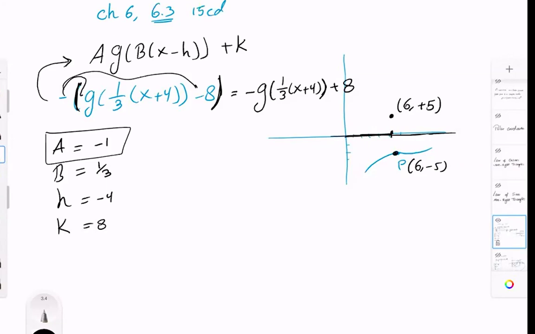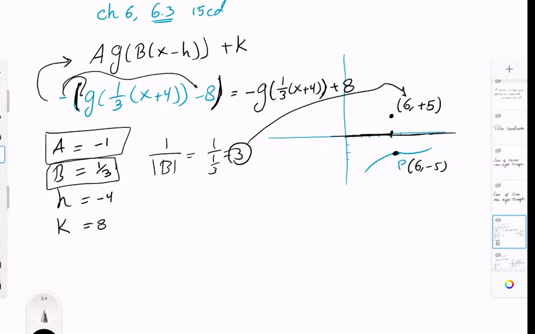This 1/3 inside, we said we compress or stretch horizontally by a factor of 1 over the absolute value of b. So 1 over 1/3 will be 3. So this will multiply the x value. We're going to get 18,5.